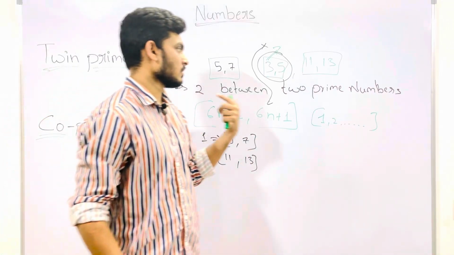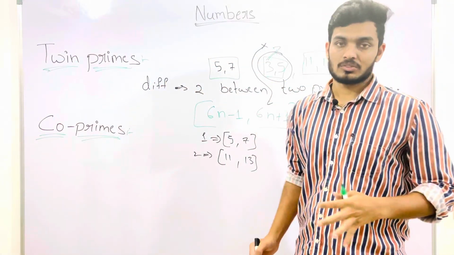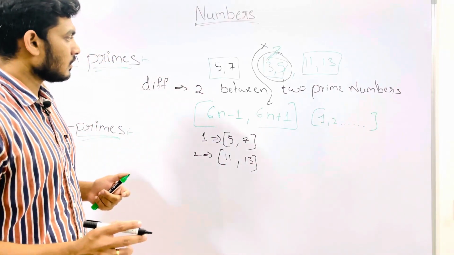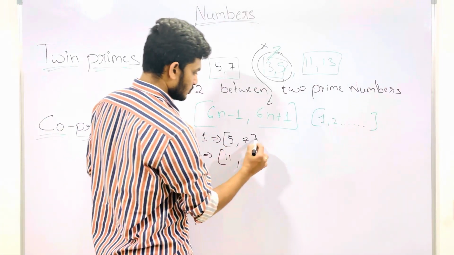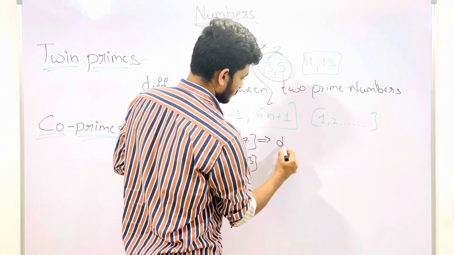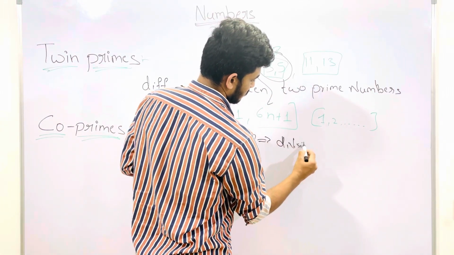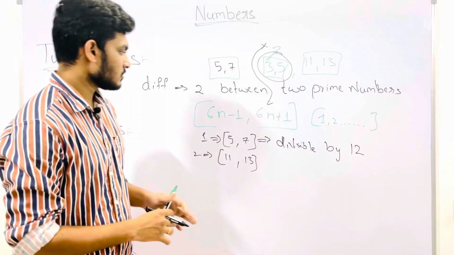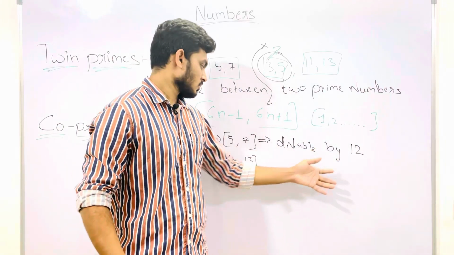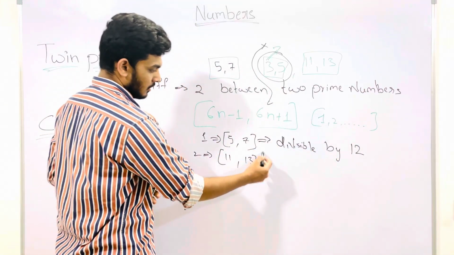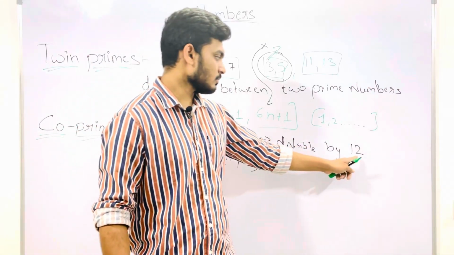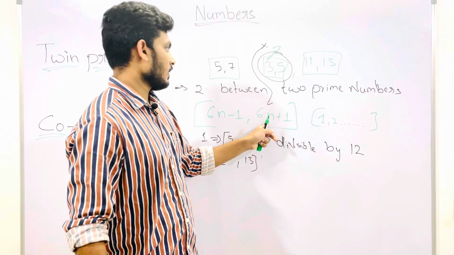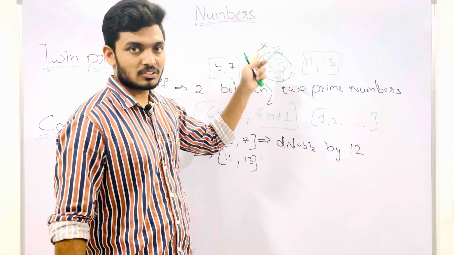So here the concept of twin primes ends. And one more thing: the sum of twin primes should always be divisible by 12. If you consider any twin primes, their sum should be divisible by 12, and they should fit into this formula, except 3 and 5.